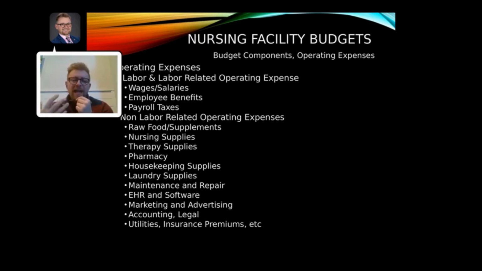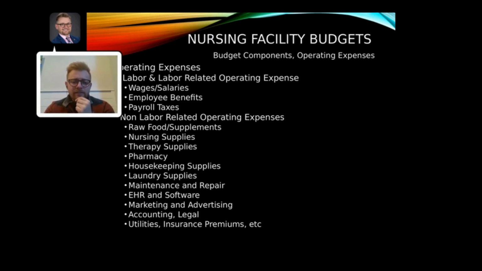You may budget on average, say, $32 an hour for your registered nurses. But that's one aspect of the labor component. You also have to budget how many hours those RNs are going to work based upon the size of your building, based upon the need. So the labor component is really made up of wages and hours, and that's how you get your wages and your salaries. The labor related component is just as the name states.